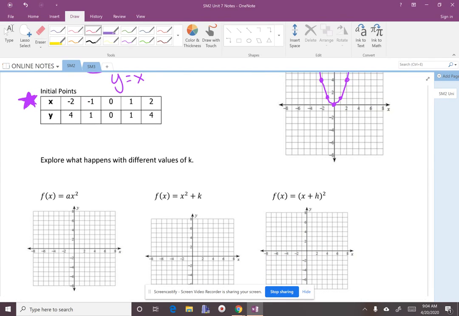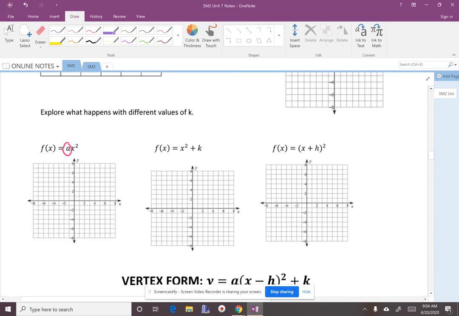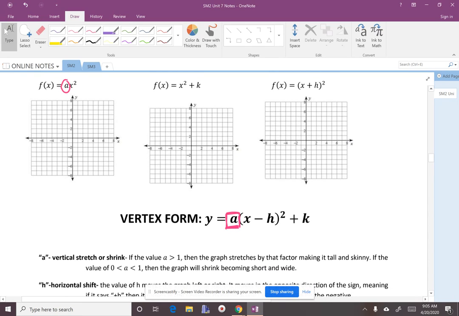The first thing we're going to do is look at what happens when we put a number in front. Okay, when we put a number in front, if we look down, it says A. We put this A in front, okay? That A is a vertical stretch or shrink, meaning that it's going to take our graph and stretch it up and down, or it's going to squish it.